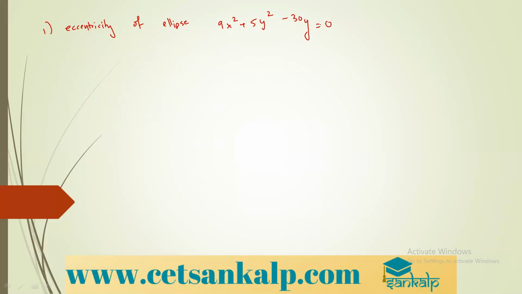So first of all, I will write this equation as 9x square plus 5y square minus 30y equal to 0.